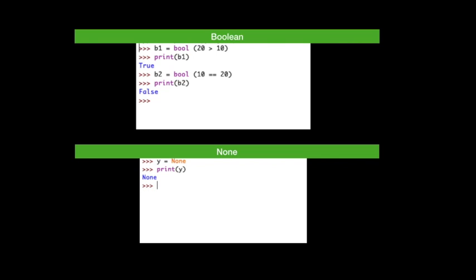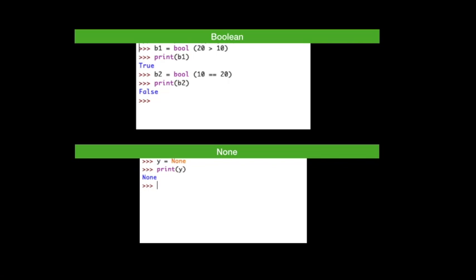As 20 is greater than 10, it's true, so we are getting the output as true. I have printed the value of b1. Same thing for b2, I just changed the condition, and 10 is not equal to 20, so we are getting false here.